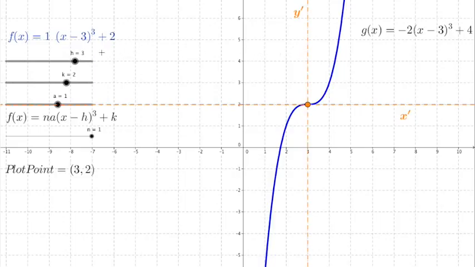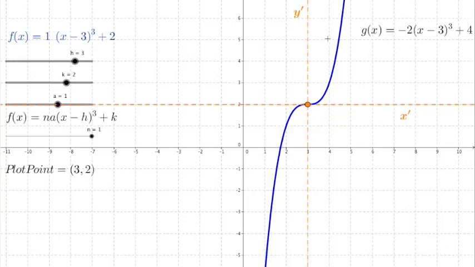In other words, x equals 3 gives you this line right here, and y equals 2 gives you this line right here. And the intersection of these two lines is the only point that you plot for the graphing of these functions. Because they're sketches, they're not literal graphs.